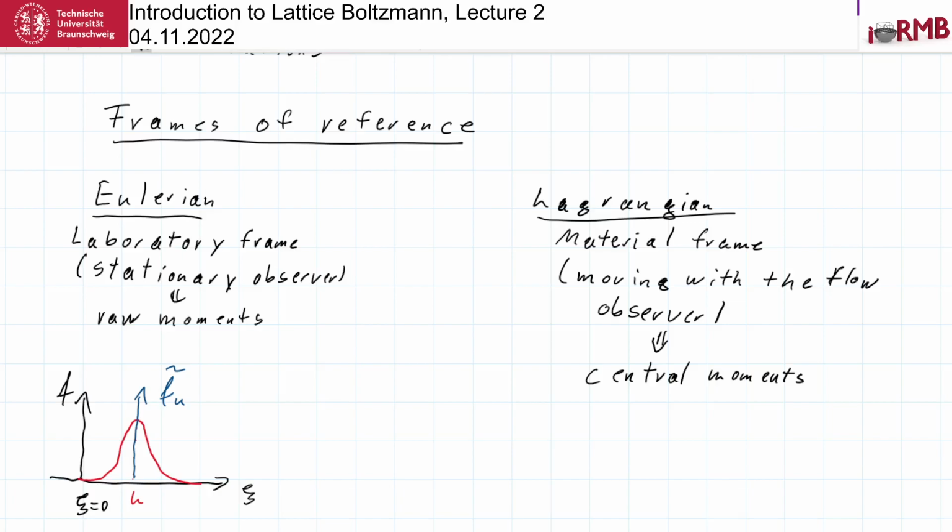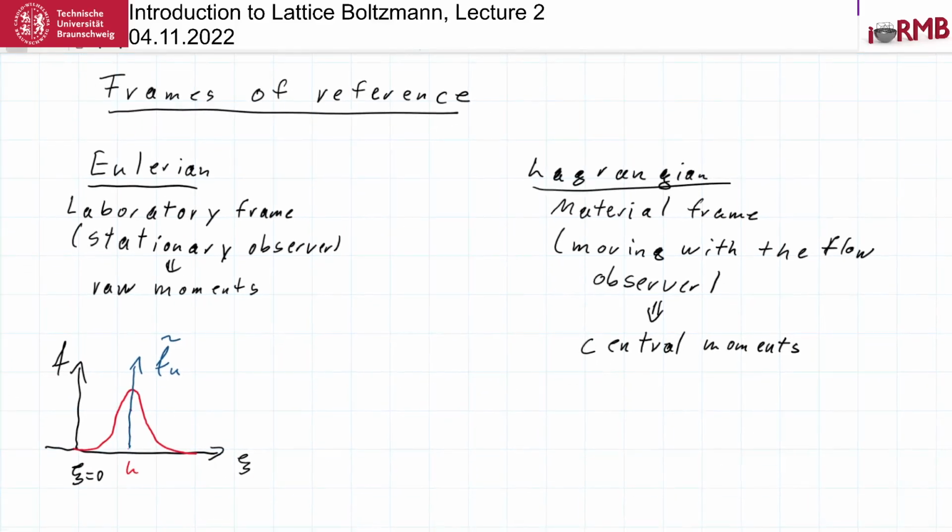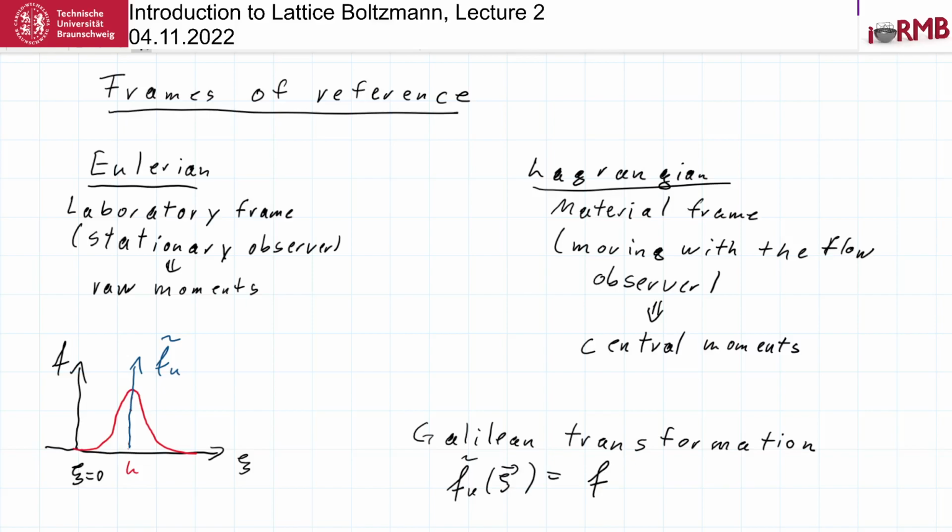Now for this, I can apply a Galilean transformation, so that my f with the snake of xc is equal to the original f expressed at xc plus u. This is just the transformation of the variables.